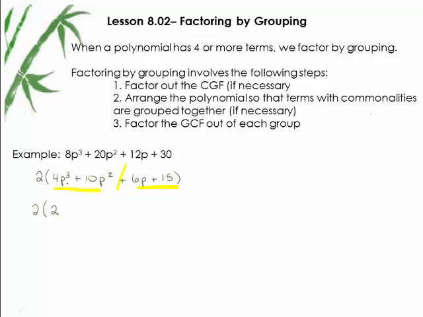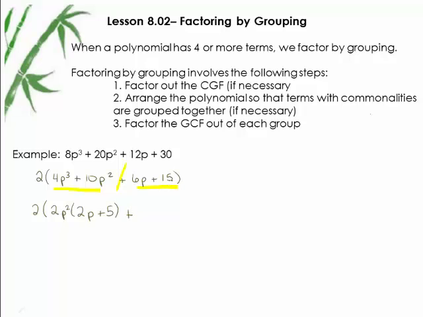They have a 2 in common and 2 p's. Now if I take that 2p away, 4 divided by 2 is 2. There were 3 p's. I've taken away 2. I have 1 left. 10 divided by 2 is 5. There were 2 p's. I took them both away, so there's none left.